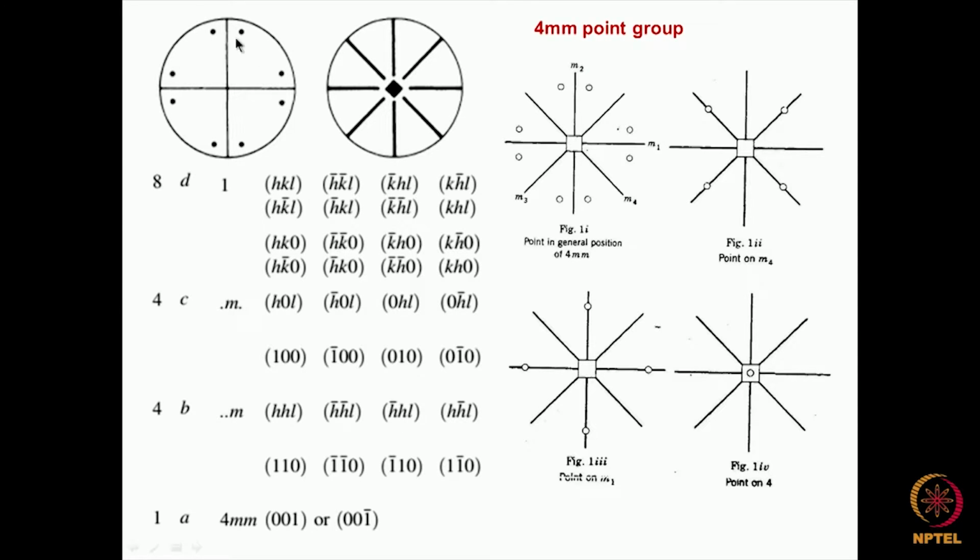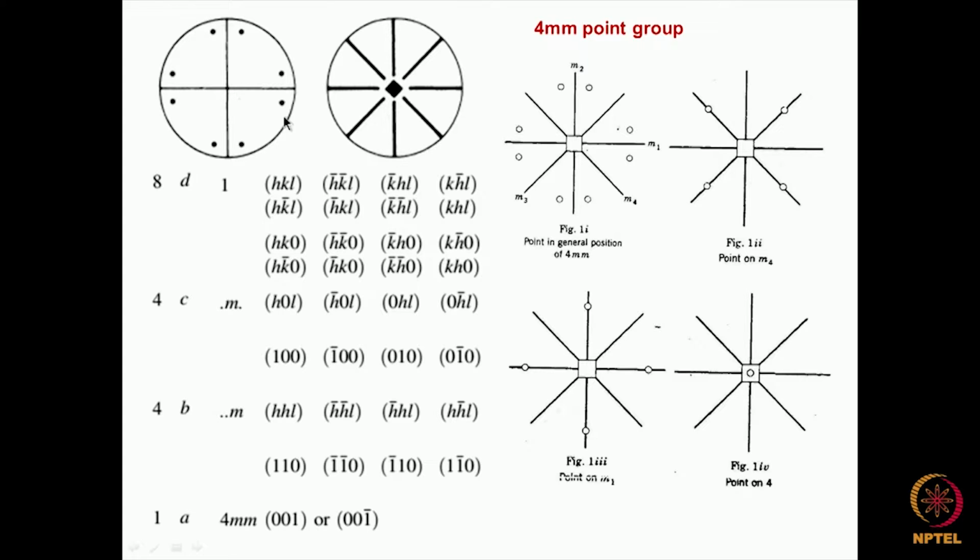So already we have all the reflections, that is the operation of 4 and a mirror, 8 points have been generated. And if I put a mirror across this also, it is essentially the same thing, this operation is redundant. So all the symmetry elements we can see, whereas this point has been put at a position where there is no symmetry associated with it.